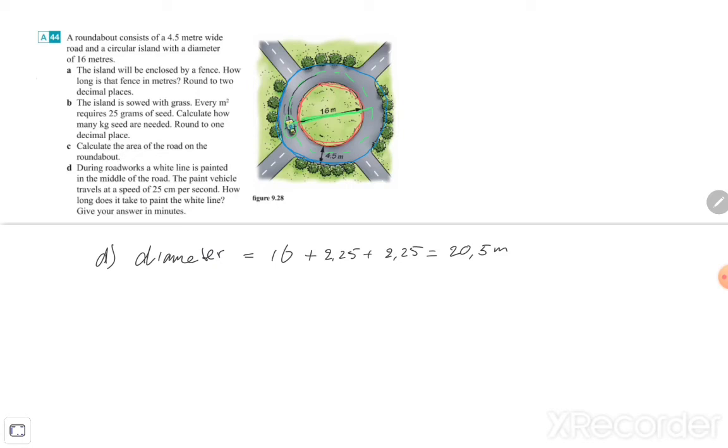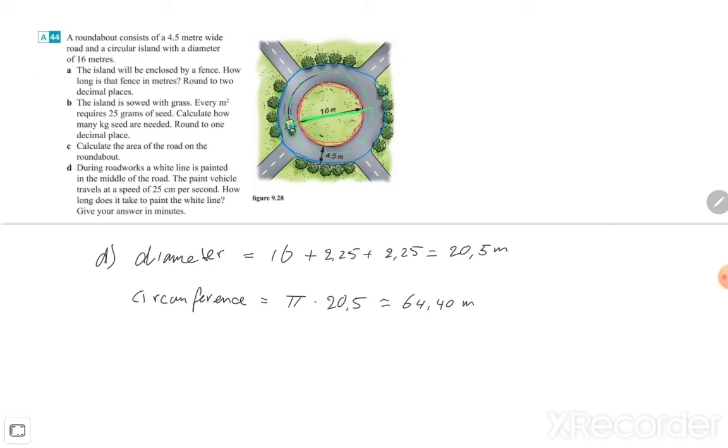To calculate the circumference, we need to do pi times 64,5 meters, which is approximately 202,63 meters. So that's the length of the road.